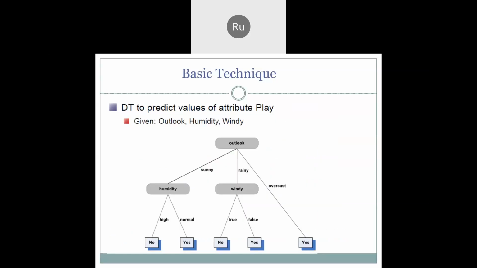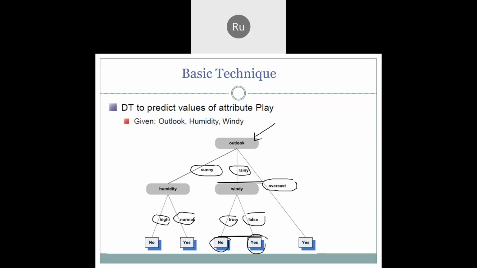Okay, so here we take the variable, and then these are the individual values for each of the variables that we have. So for humidity, high or normal, or windy or not windy. Okay, and this is the label or the class.